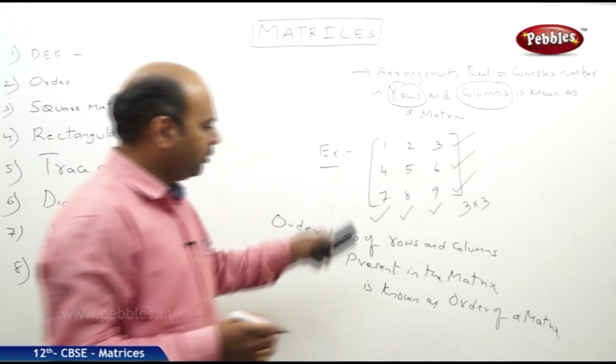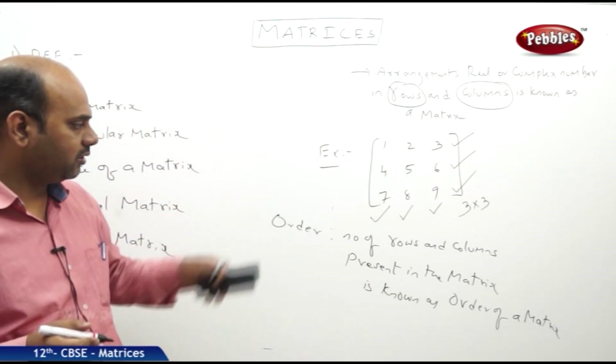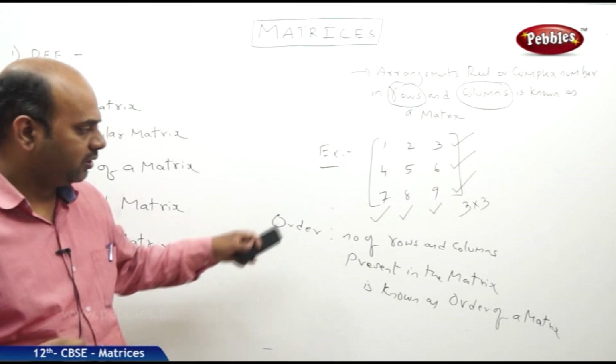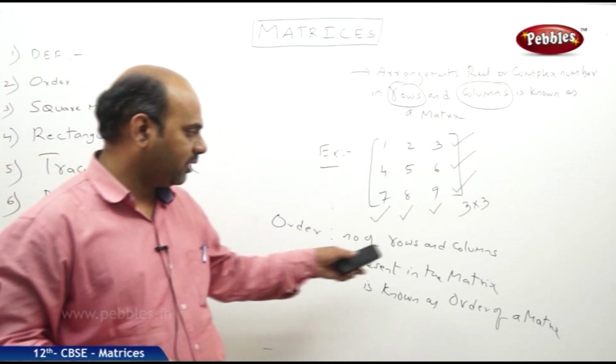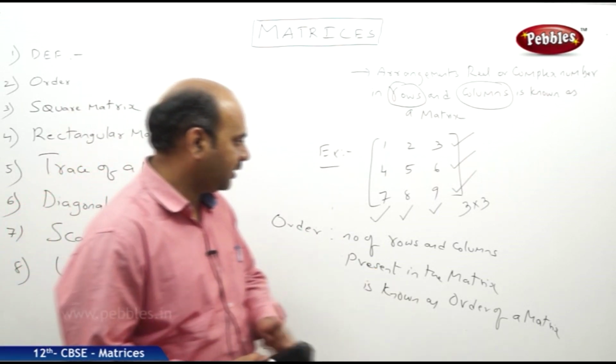Or in pure language, we can say the number of elements present in the matrix is known as the order of a matrix. So indirectly, the number of rows and columns present in the matrix is known as the order of a matrix.